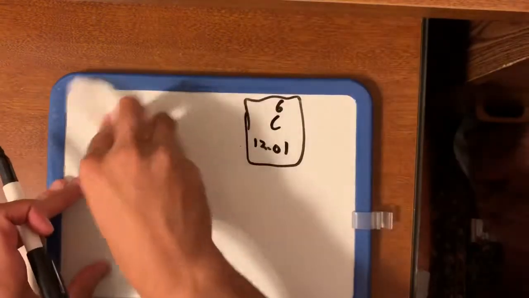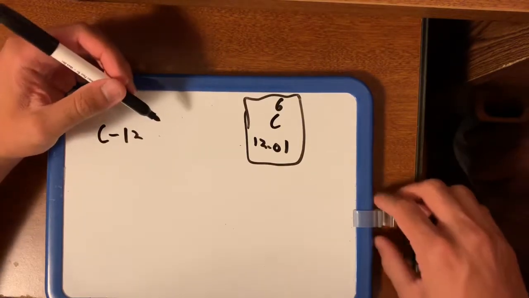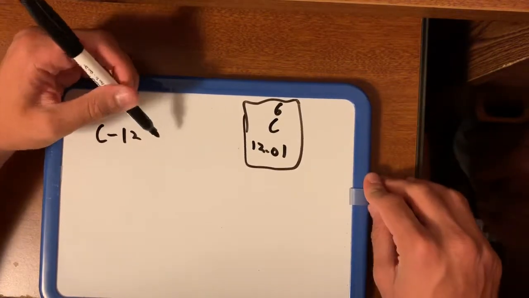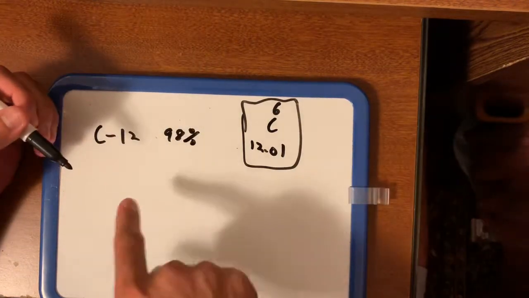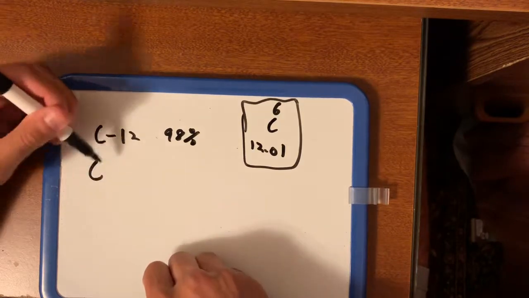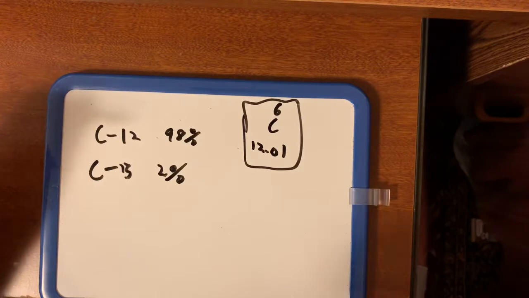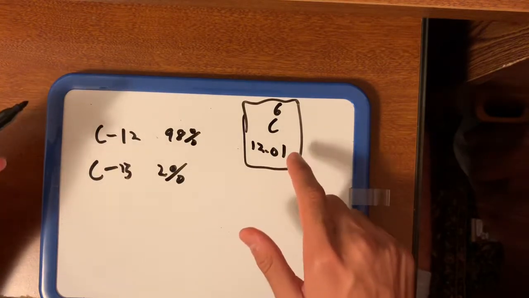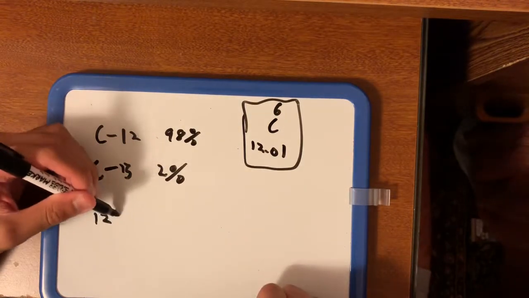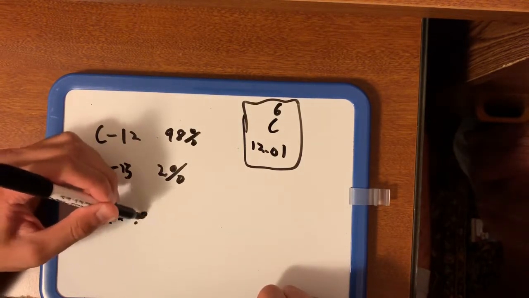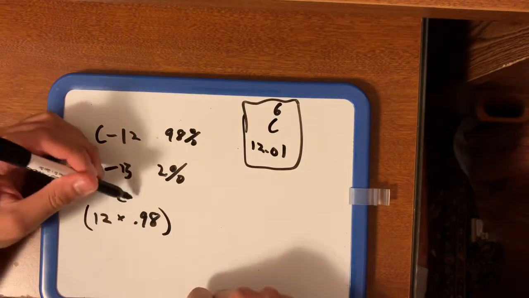So what this would look like would be, let's say, I had this specifically in my notebook, but I can't really access it right now. I left it somewhere. But let's say this was 98% abundant on Earth, the carbon 12 isotope, and the carbon 13 isotope was 2% abundant. So the way we would get the atomic weight right here, we'd take 12, which is the atomic mass, times 0.98, which was the abundance. And this is all carbon 12.